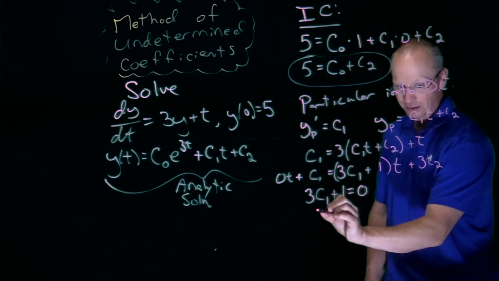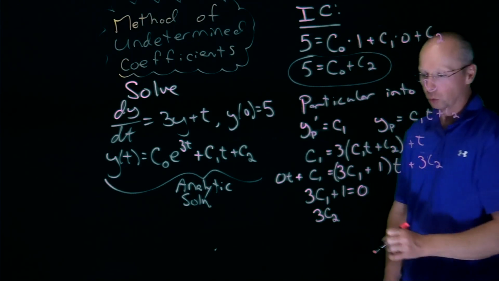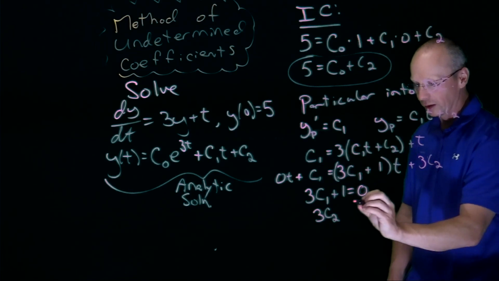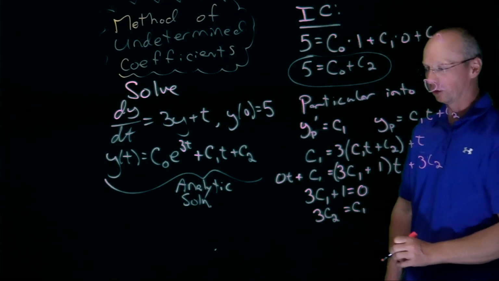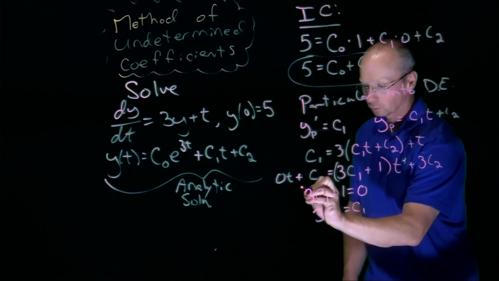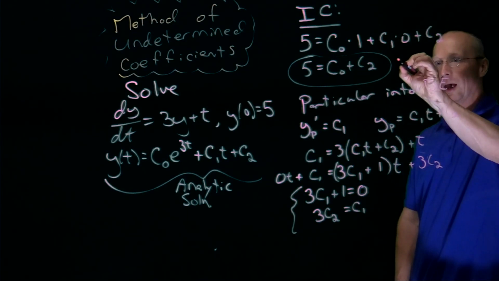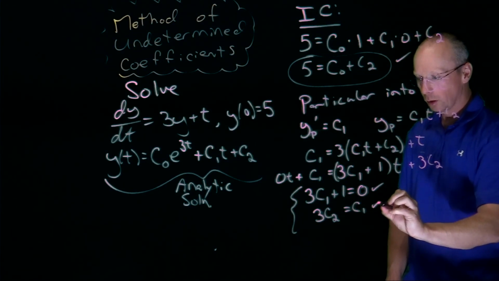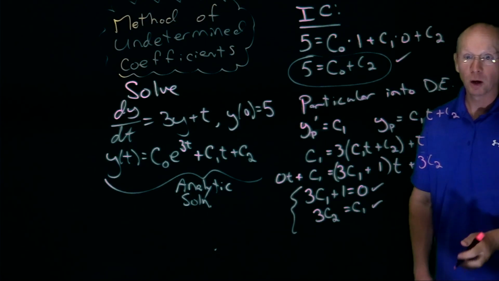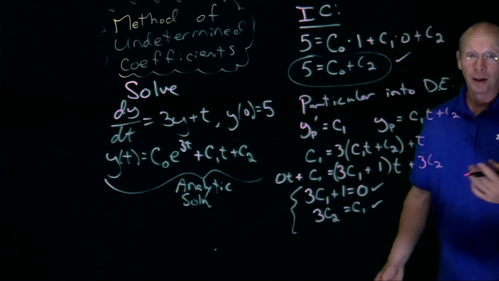And the constants, 3c2, has to be equal to the constants on the other side, which is c1. So now I have 1, 2, 3 equations and 3 unknowns.